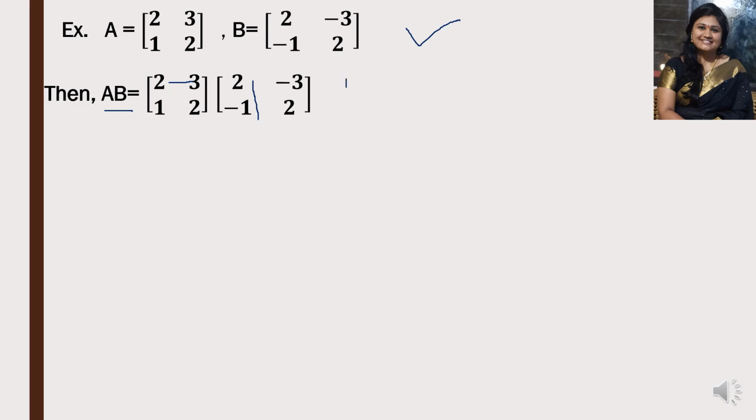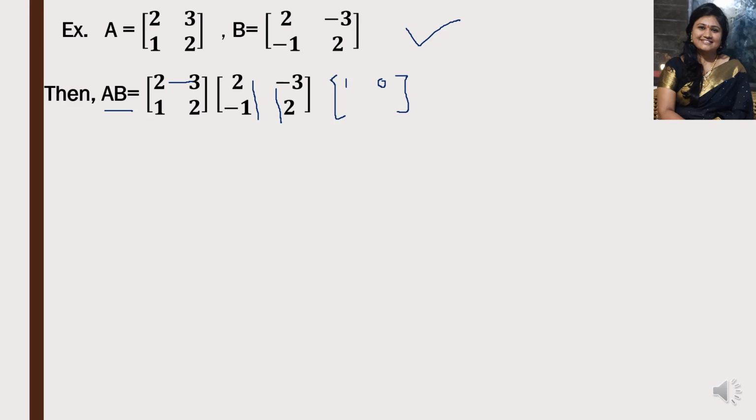Secondly, we write the first row multiplied by the second column, right? So 2 into minus 3 is minus 6, plus 3 into 2 that is 6. So minus 6 and plus 6 is 0. So we get here the first row as 1 and 0.